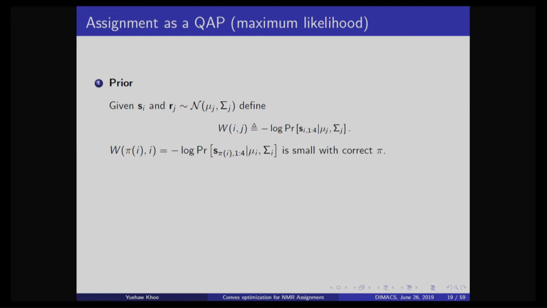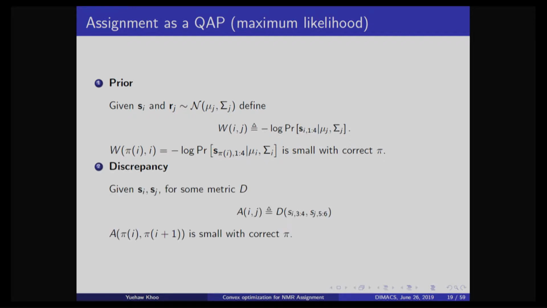Essentially, with the correct shuffling matrix, or the correct permutation pi, this should be small. This will give you a cost constraining what this permutation matrix pi should be. Essentially, it's trying to encourage S_{pi(i)} to lie in the certain range of frequencies expected by the residue.